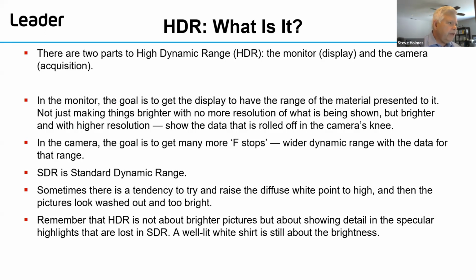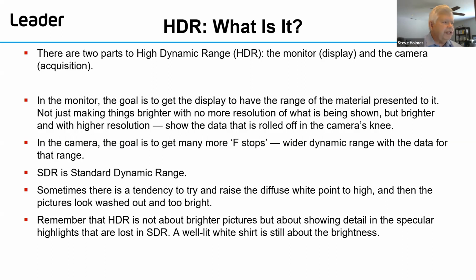In the monitor, we need to be able to display the range of material that is presented to the monitor, not just making things brighter with no more resolution, but HDR is all about being able to show the data that used to get rolled off in the camera's knee, all of the specular highlights, increasing the dynamic range. In the camera, the goal is to get more f-stops, wider dynamic range with more data in that dynamic range.